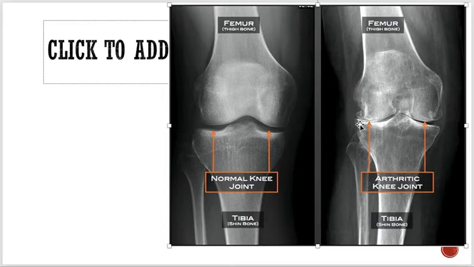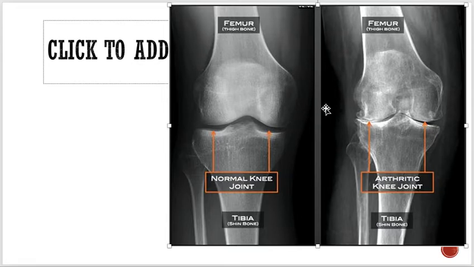The best test to diagnose osteoarthritis is of course imaging, the radiographic test. You can find joint narrowing, osteophytes, and these cartilage problems. It is diagnosed on X-ray.